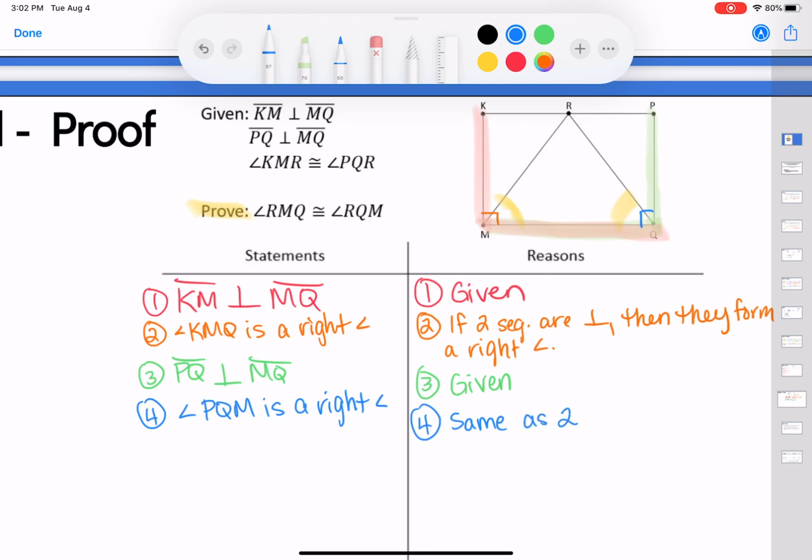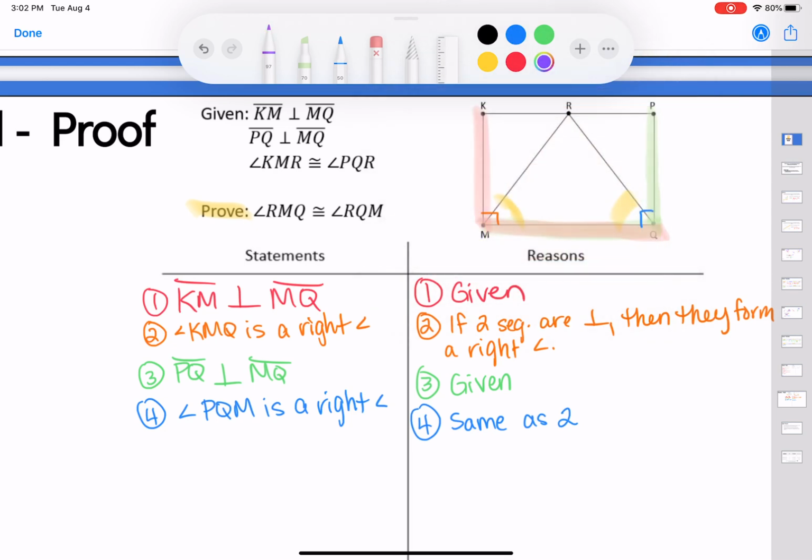That would be perfectly fine as well. It's up to you. Now if you put it in a different order and you had that other right angle step as a different number, remember that it would be same as whatever number that is. So just keep that in mind. But you could rewrite whatever you had in your if-then form for step 2 again on this step as well. Perfectly fine.